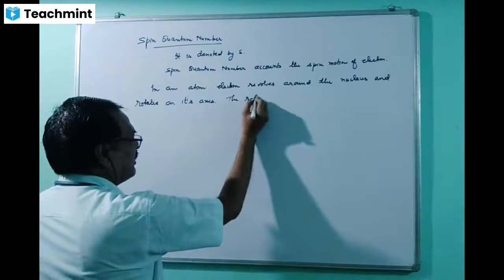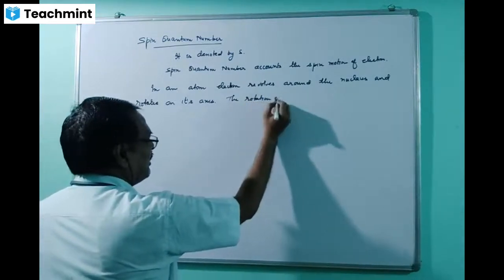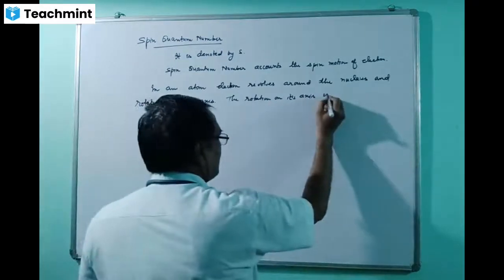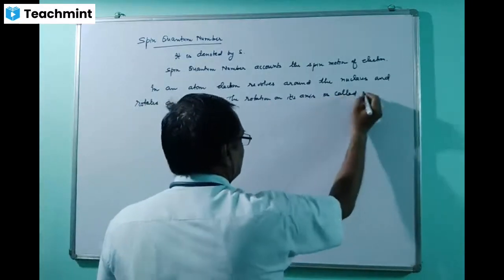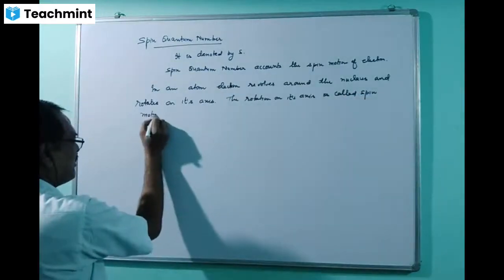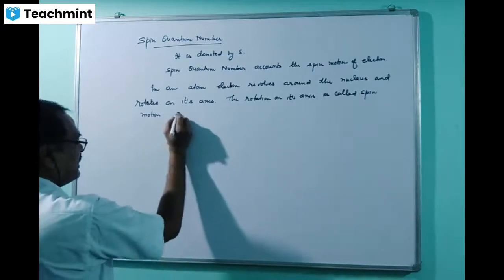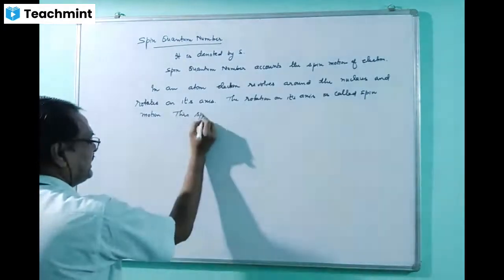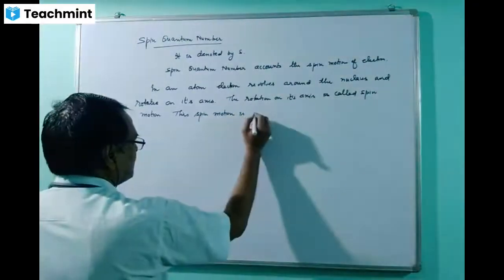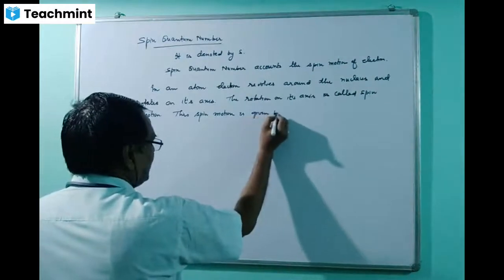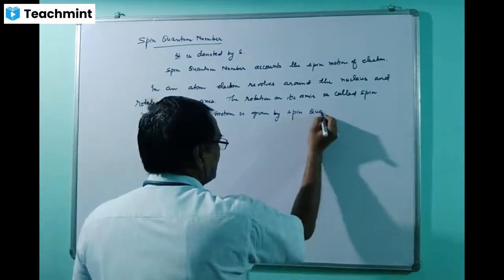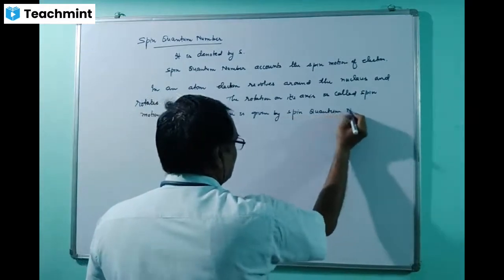The rotation on its axis is called spin motion. This spin motion is given by the spin quantum number.